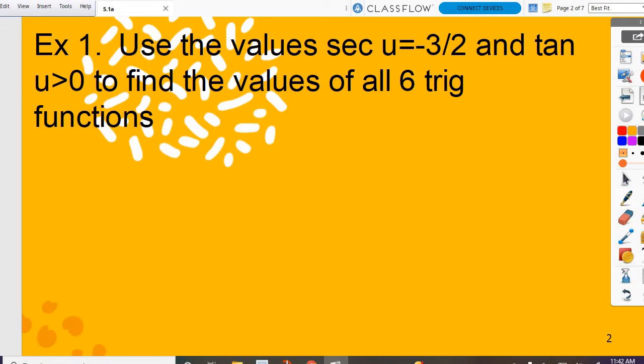So if I know that secant of u is -3/2, is there a trig identity that just has secant of u in it and one other trig function?